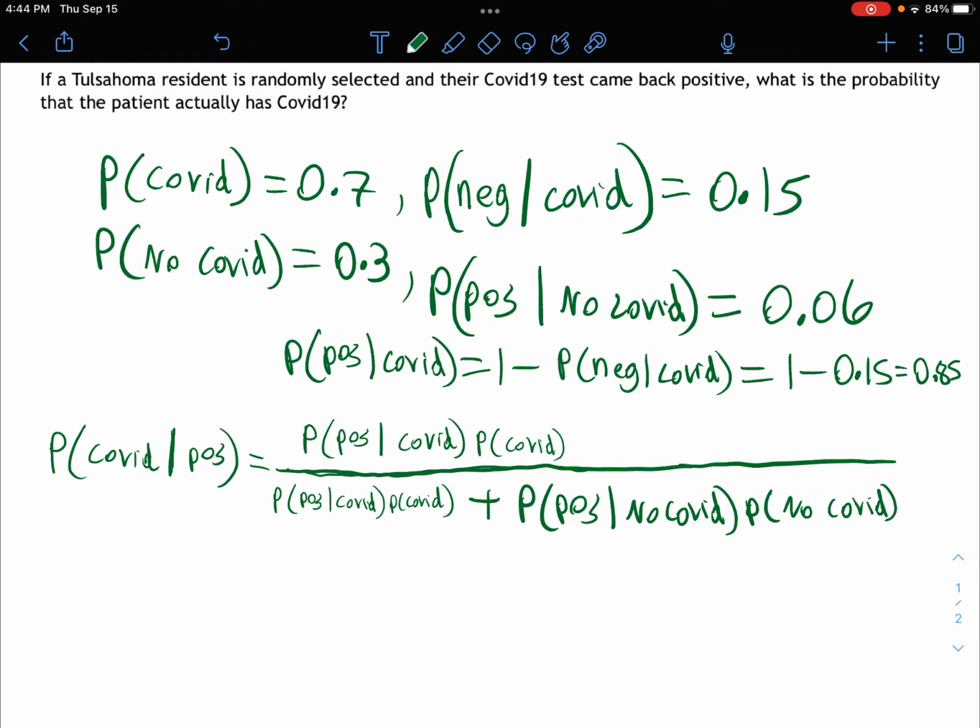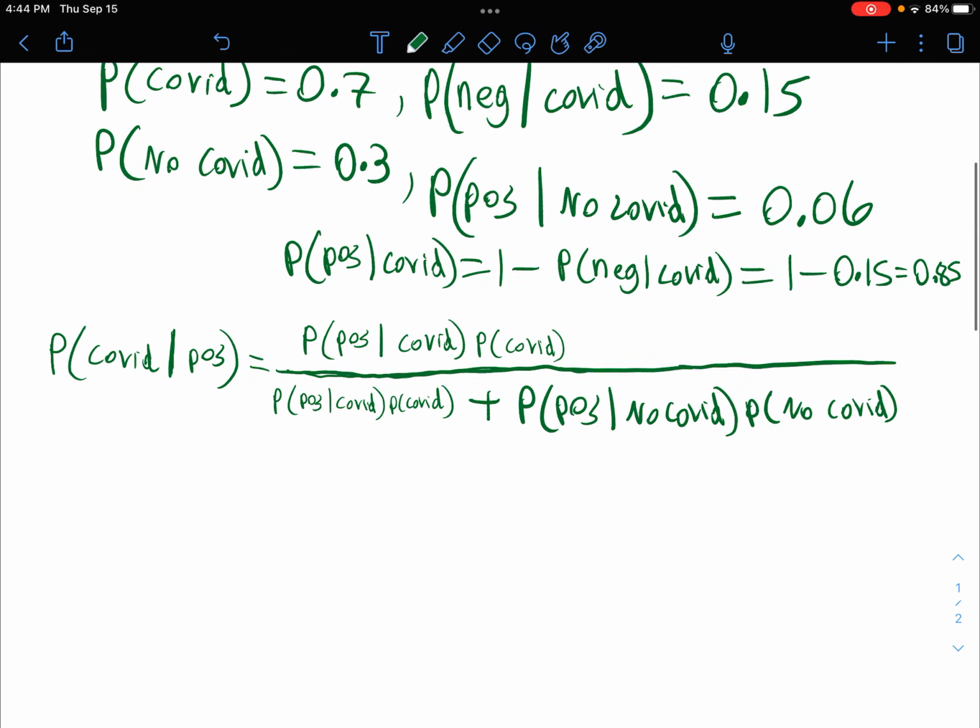All right, so now I have everything I need, because I have the probability of positive given the person had COVID, the probability of COVID, that's the same thing that's in the numerator, and I have the probability of a positive test given no COVID, and also the probability of no COVID. So let's plug all that in.